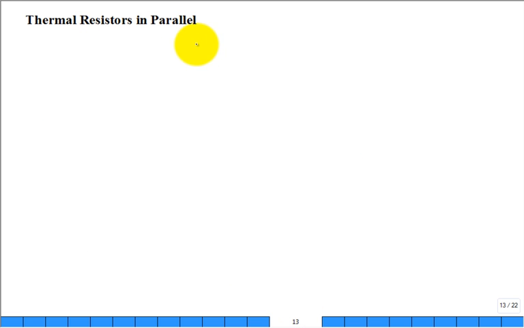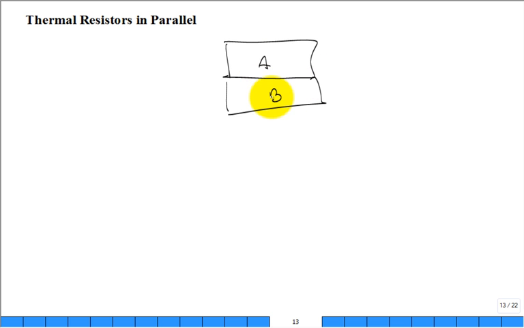Well, instead of having material A here and material B there, turn it 90 degrees. So there's material A, and there's material B, and everywhere along this face is a temperature T1, and everywhere along this face is a temperature T2, and it's insulated.